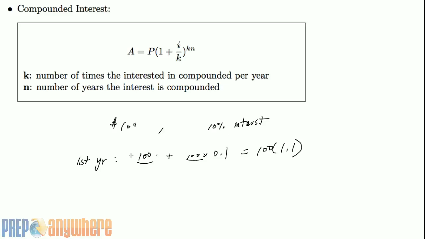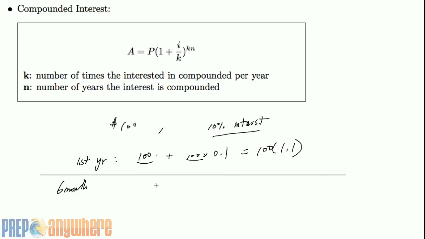Now, banks have many different ways to give you that interest of 10%. Sometimes they give you one whole interest per year, and sometimes they give it to you in two partial bits. That means they give you one in 6 months and the other in the year after.